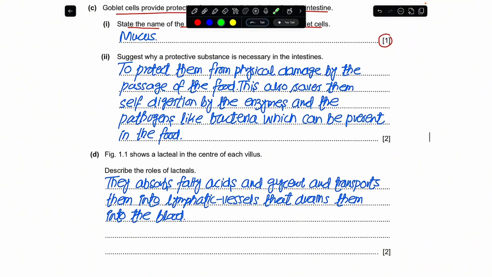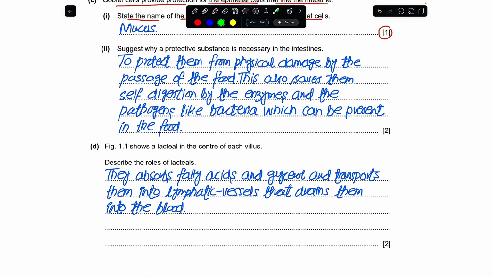The second part of C is a little technical, and they ask why a protective substance is necessary in the small intestines. Now the idea is very simple, because in the small intestines there happens to be the presence of the digestive enzymes, right?